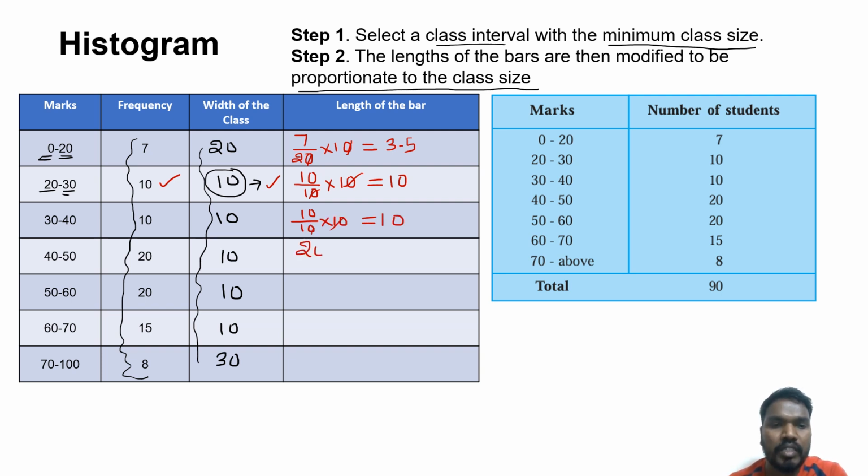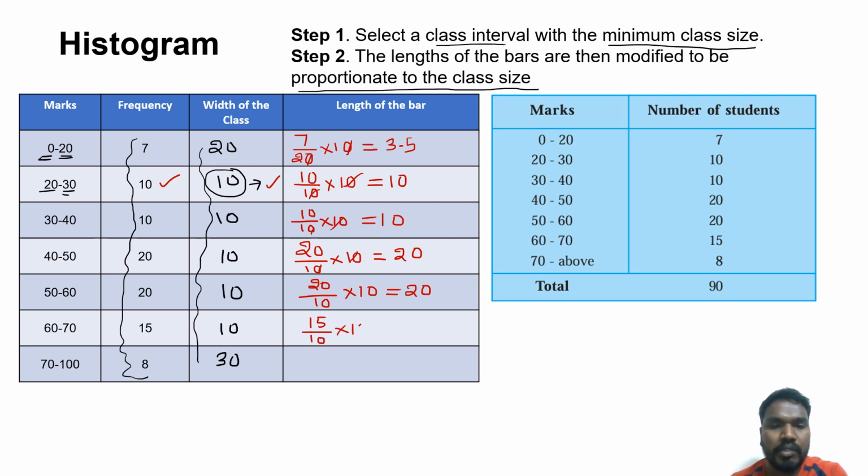Here 20 is the frequency and the class size is 10. I want to make it proportional to 10, so 20 upon 10 into 10, which is again 20. Here the frequency is 15 and class size is 10.